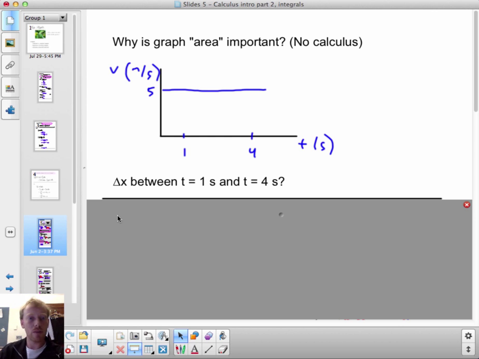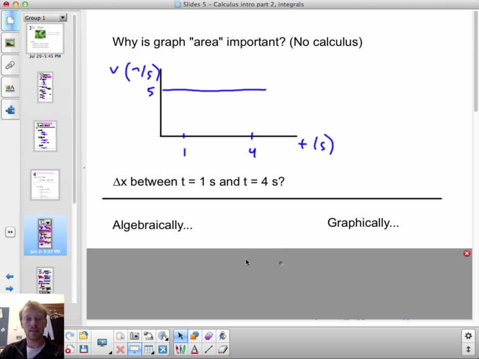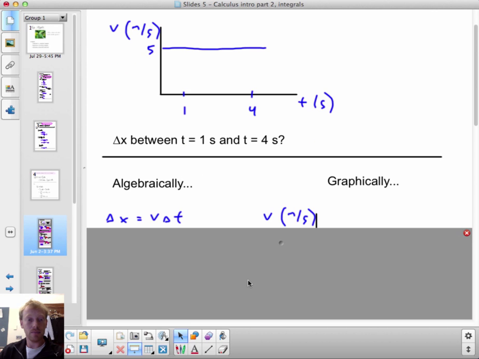But let's refresh our memory about what's going on with graph area. If I give this as a given of the problem, a constant velocity of 5 meters per second, I could ask, what is the displacement of this object between 1 second and 4 seconds? Algebraically, I can use our constant velocity equation, because the velocity is in fact constant.